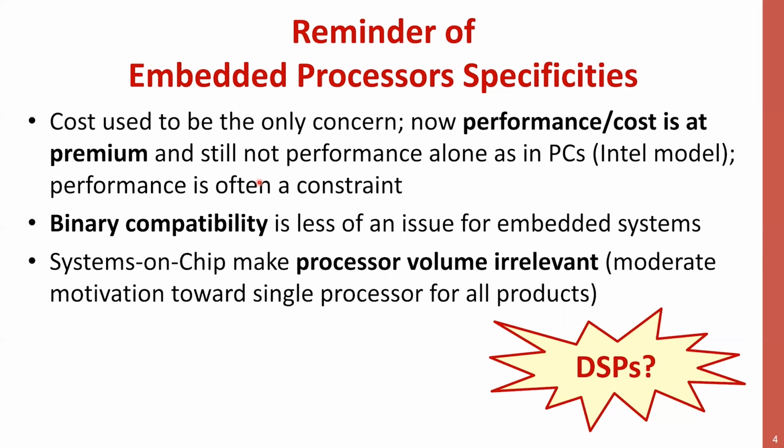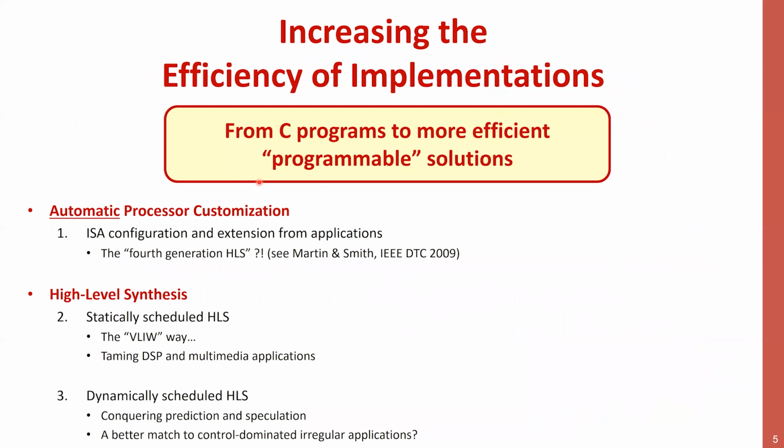And DSPs, that we'll see after this course, in principle, in my mind, you would have seen it before, will be an example of exploiting this. And we will continue in that direction.